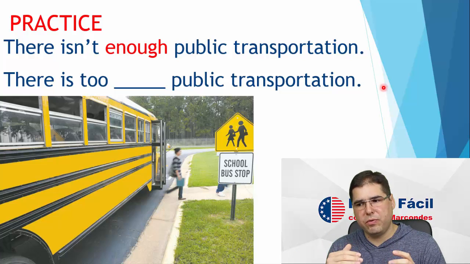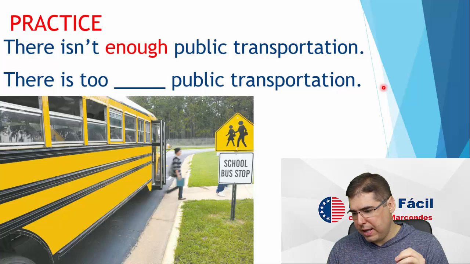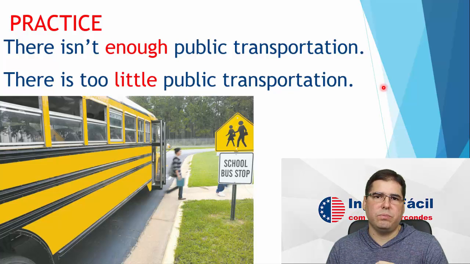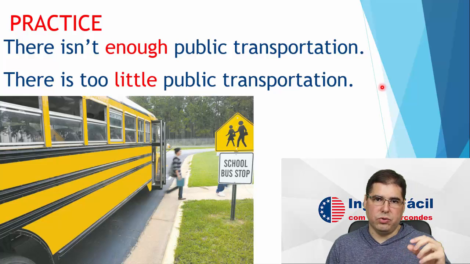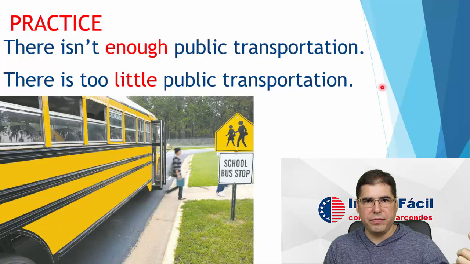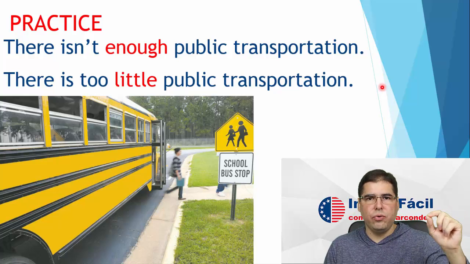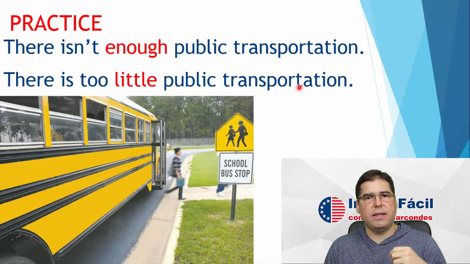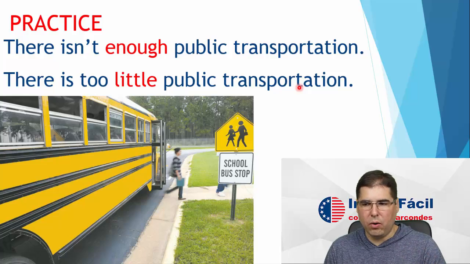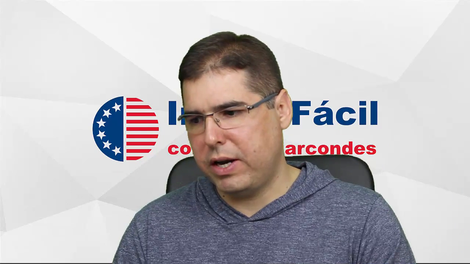What is a synonym for this? There is too little public transportation. Okay, so when it's count, I use there aren't enough, there are too few. When it's non-countable, I say there isn't enough, there is too little.